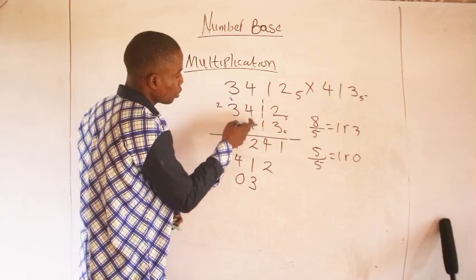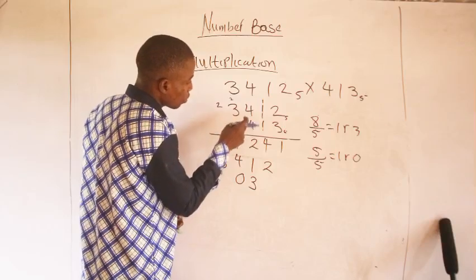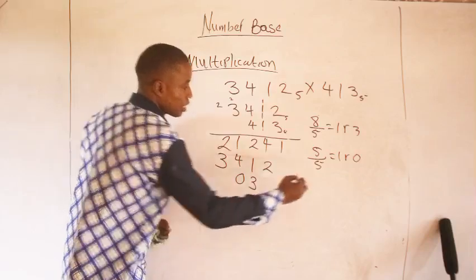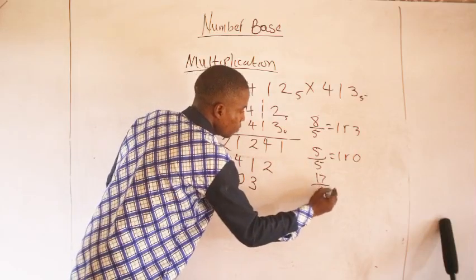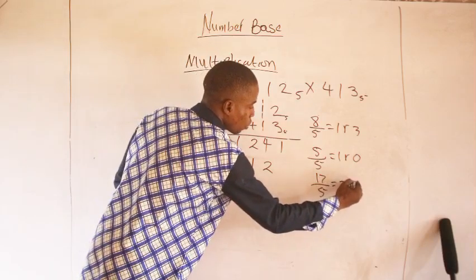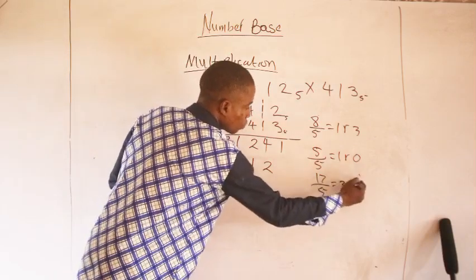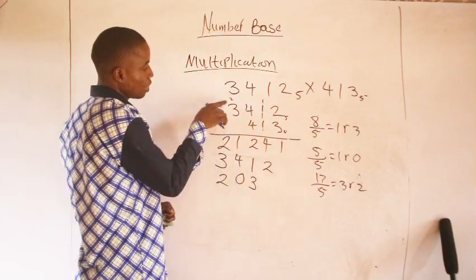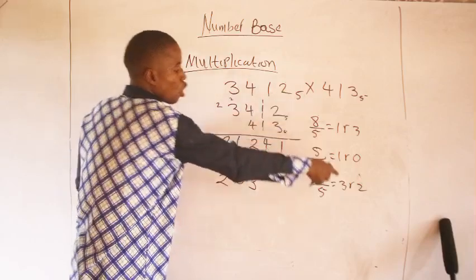Are you getting me now? This one times this is 16, plus 1, 17. 17 divided by 5 is 3, remainder 2. Write 2. Now keep the next one to the next. This one and this, 12 plus what?